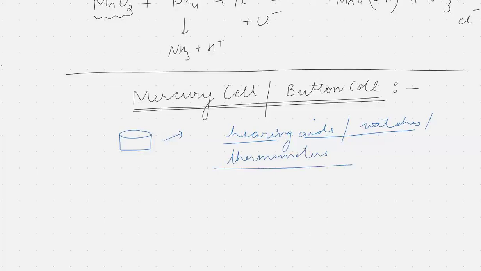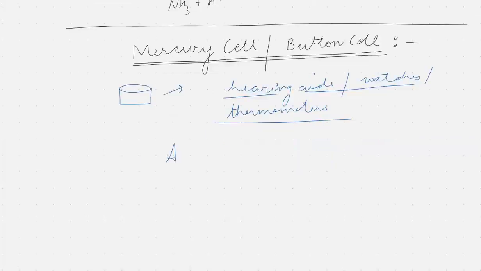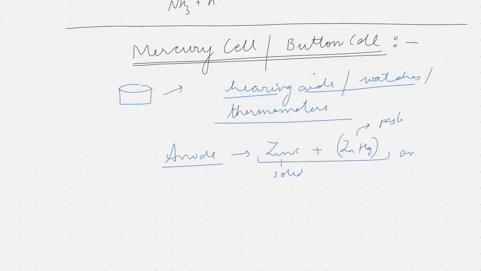So what exactly do they have here? You understand. So there is an anode. What is the anode? It is basically the zinc metal plus zinc amalgam. They both make one anode. So we have zinc as a solid metal, and zinc amalgam is going to be my paste of zinc in mercury. All right. And just like in the above cell, the dry cell, where the cathode is going to be graphite, what do we call it here?